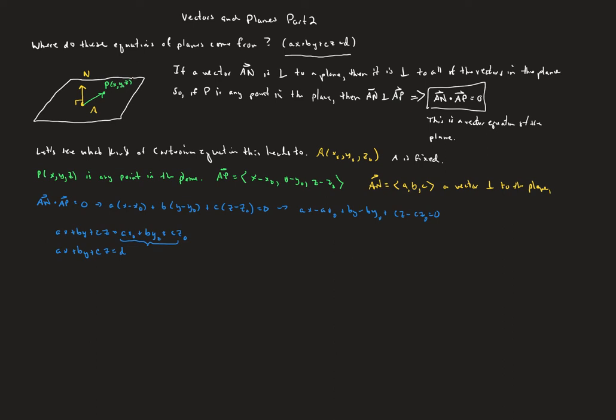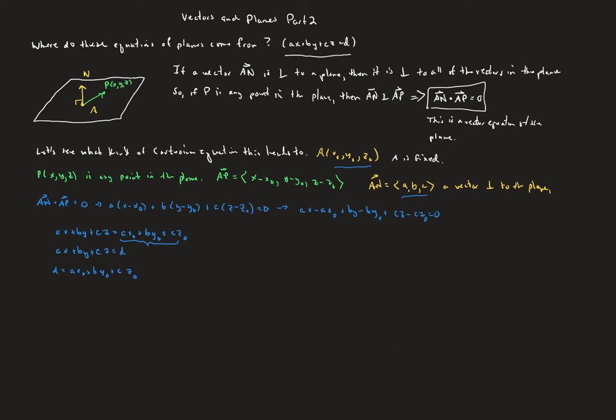The d is actually going to be a times x sub 0 plus b times y sub 0 plus c times z sub 0, where the a, b, c are coming from our normal vector that we saw over here, and the x sub 0, y sub 0, z sub 0 is coming from our point A, that is the base, the initial point, of that normal vector.